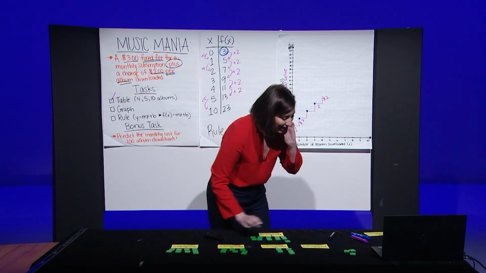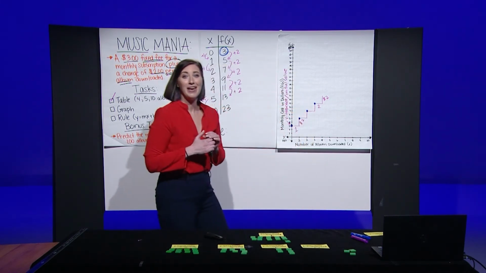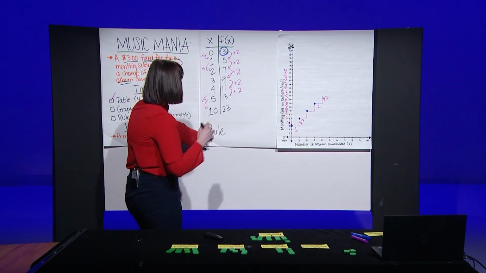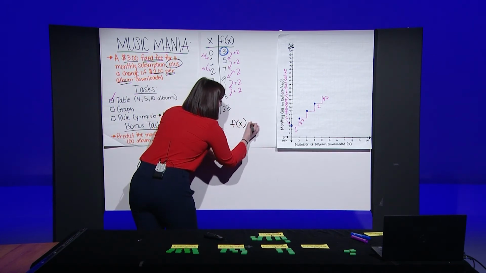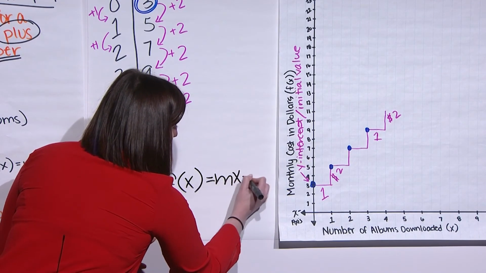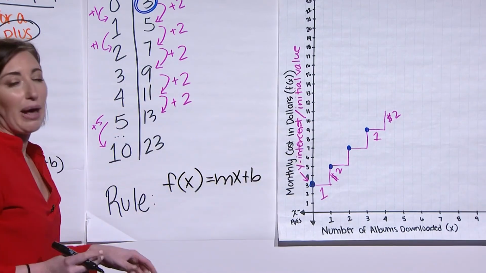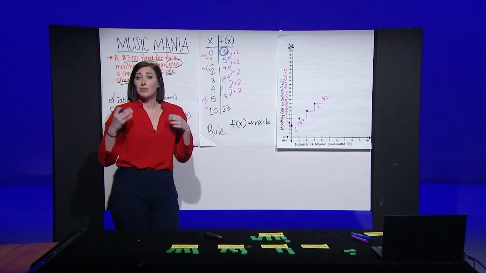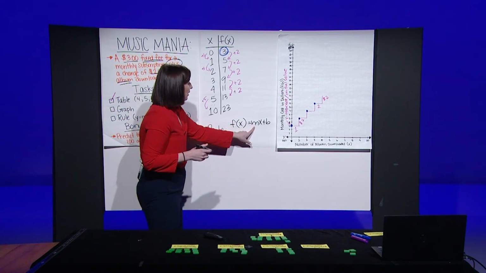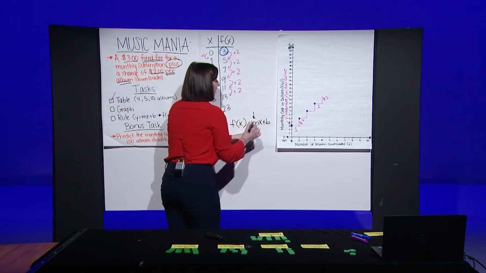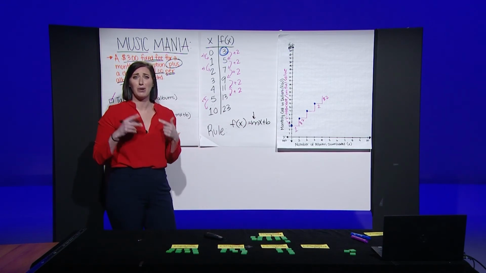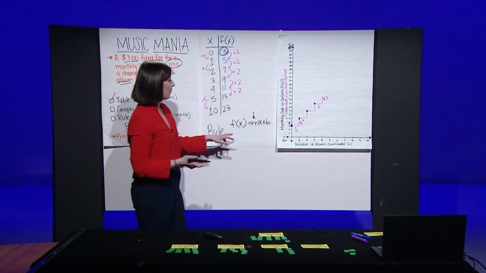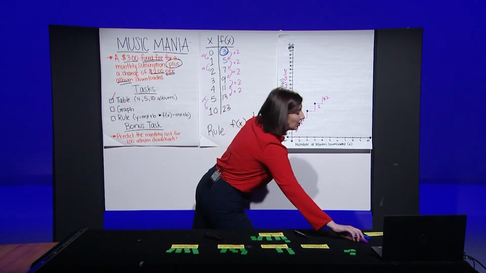So let's take the information that we know and write that function rule. We know that our rule is going to be written as f of x equals mx plus b. Thinking back to your prior knowledge from slope-intercept form, we know that m represents our slope, but today we learned a new term for that. That is also referred to as our rate of change.